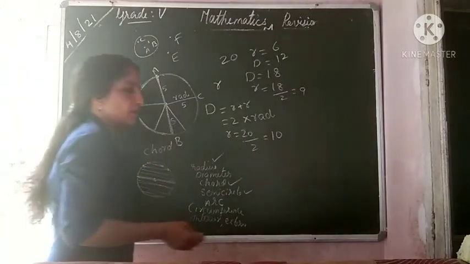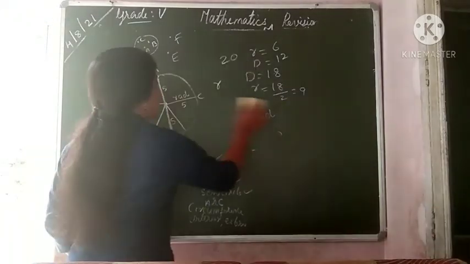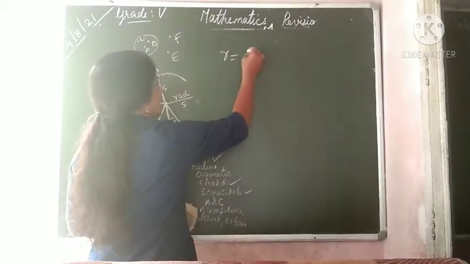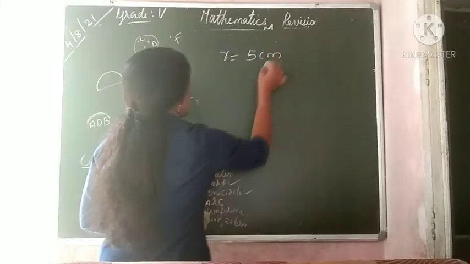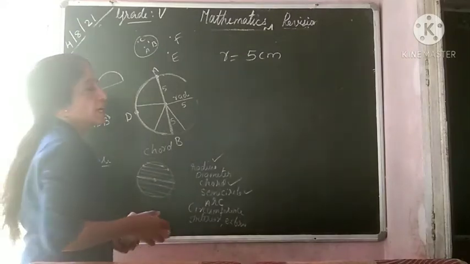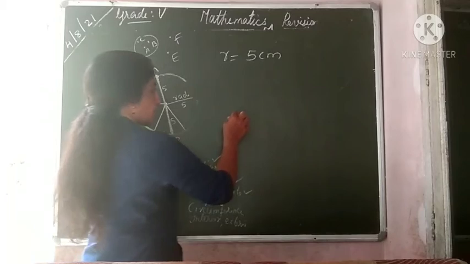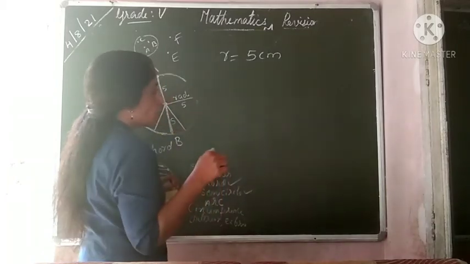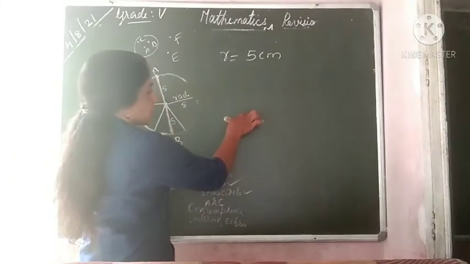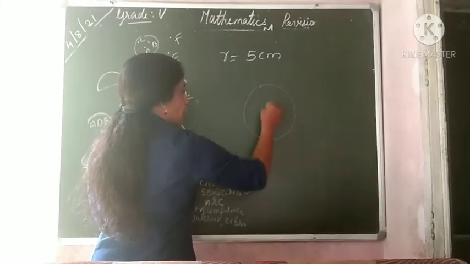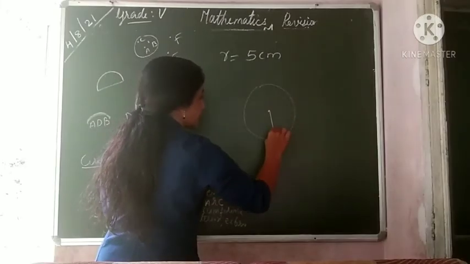And one more question type: draw a circle. If the radius is given as 5 cm, how can we draw the circle? Take a scale and a compass, tie the compass properly, take 5 cm and draw the circle, and represent its radius.